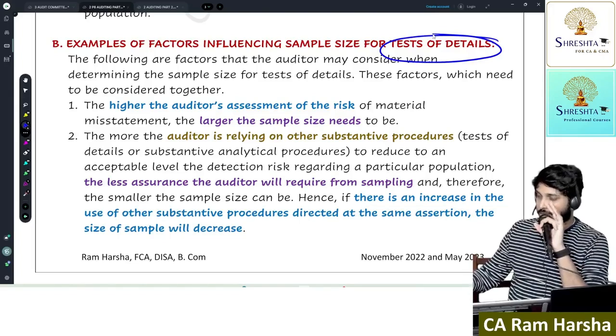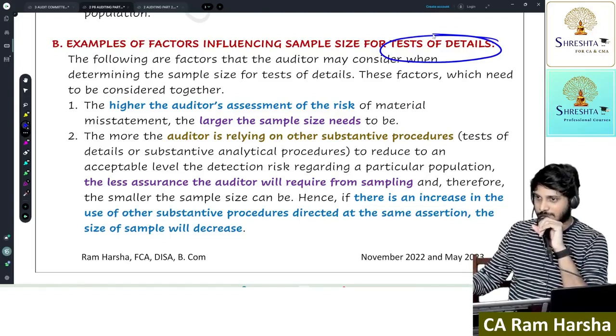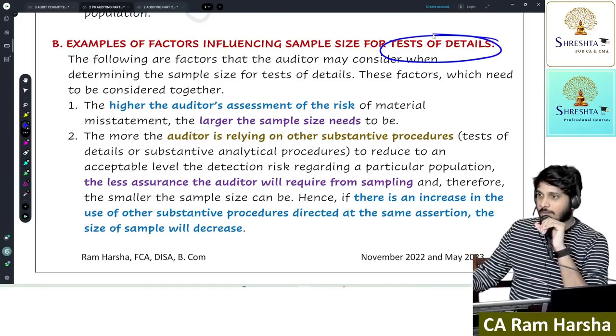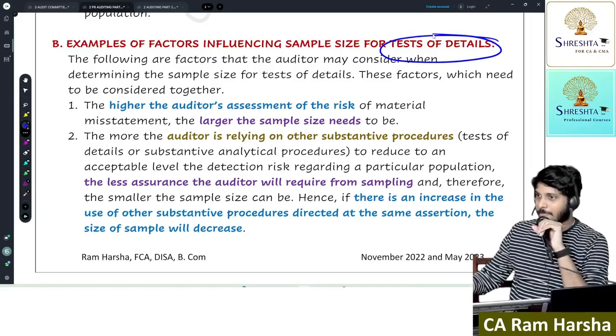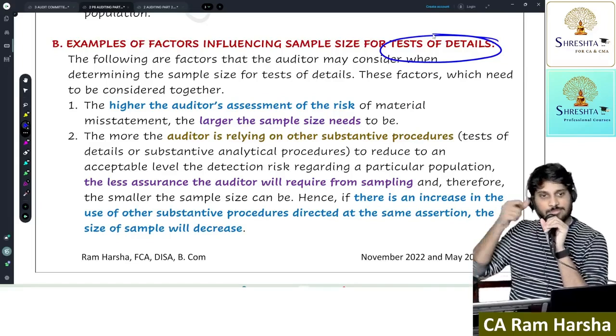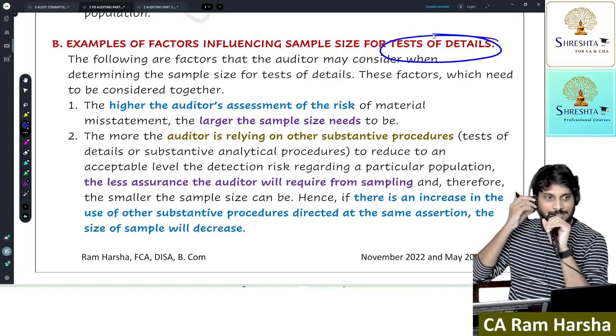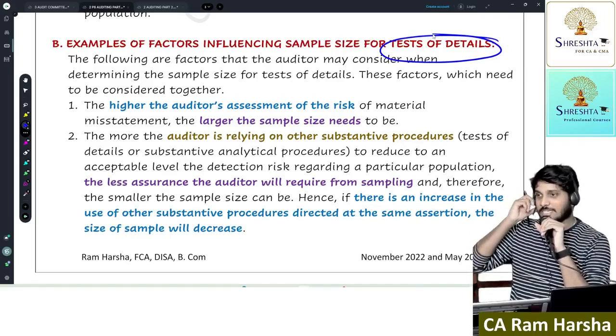Option C, expected misstatement. Option D, tolerable misstatement. First, you must know the meaning of all four before answering. Getting the point? The answer is projected misstatement.